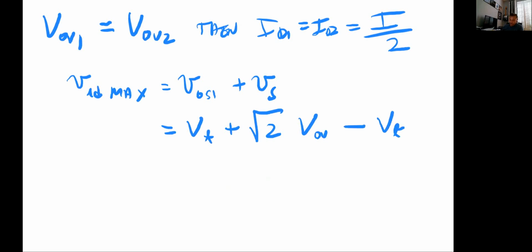So the maximum is nicely the overdrive voltage as given by the previous expression.